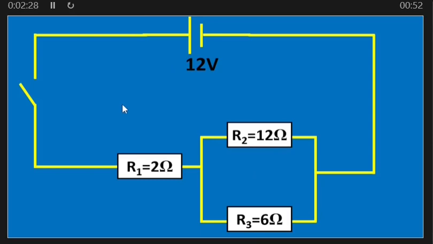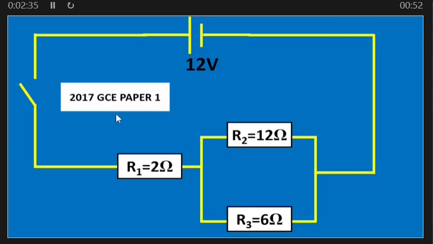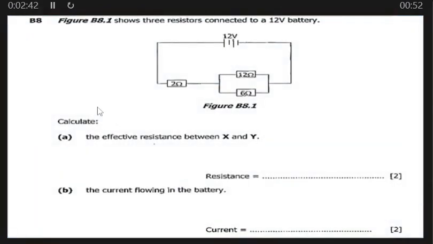So this becomes actually an examination question that came in 2017 GCE paper 1, like this one here. So as you can see in this examination question paper here, which was B8, question number 8, which reads figure B8.1 shows 3 resistors connected to a 12-volt battery.